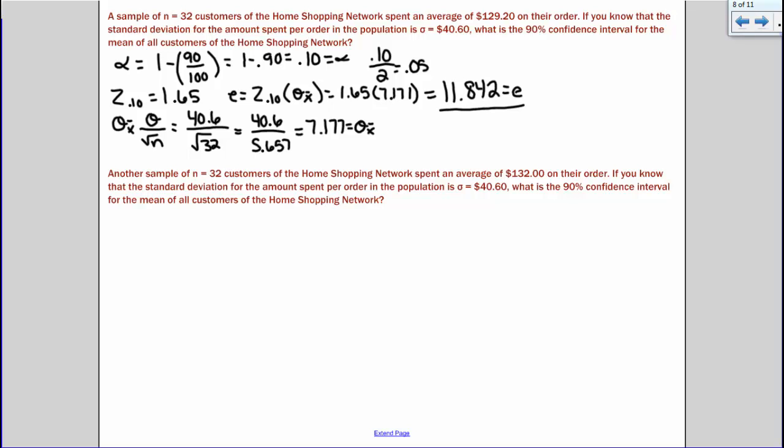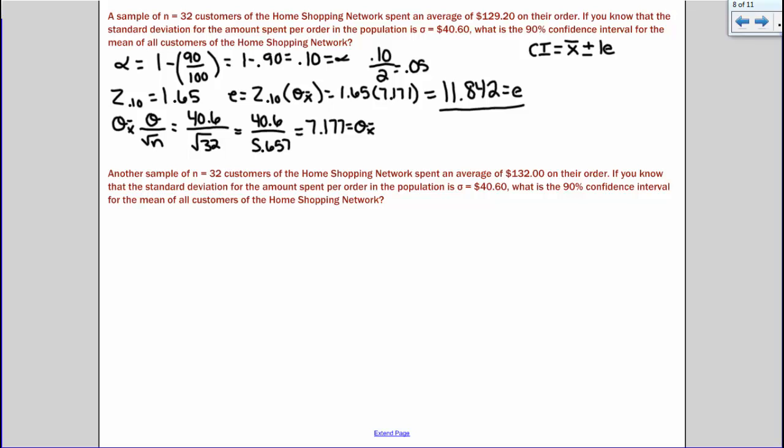So then I take that margin of error and add it to my sample mean to find the upper limit of my confidence interval, and subtract it from my sample mean to find the lower limit. So the confidence interval is equal to the sample mean plus or minus one margin of error.